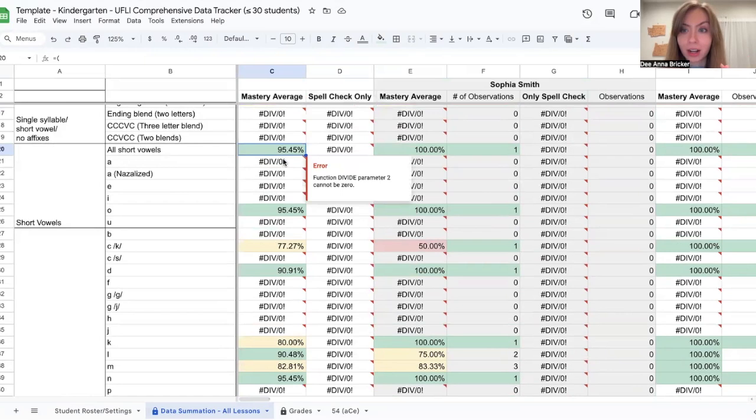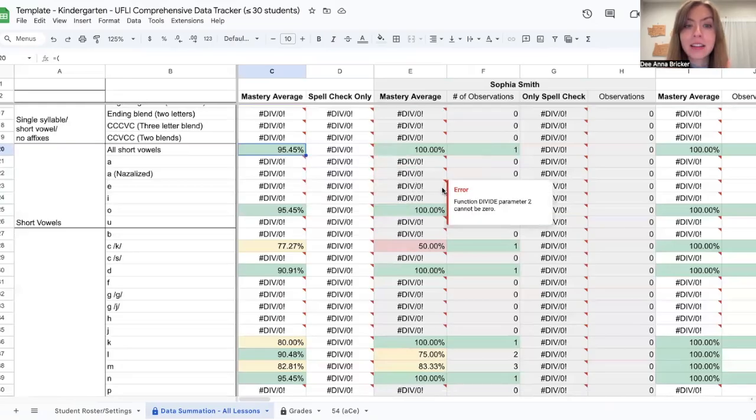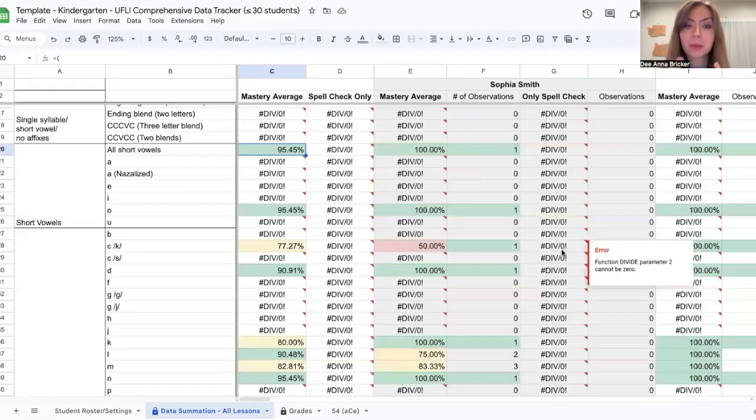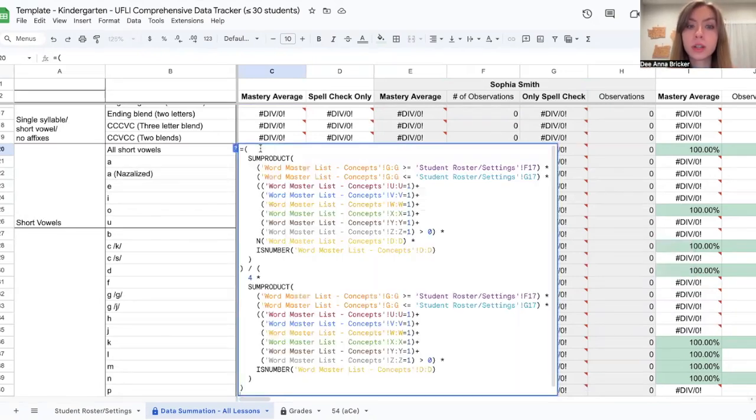So for all of my short vowels, when I see 95.45% accuracy, that is telling me that 95.45% of the time, and I might get rid of some of those decimals to make it easier, students are spelling words that contain short vowels correctly. That doesn't tell me that 95.45% of the time they're spelling short vowels correctly. They could have spelled a different part of the word wrong, but any word that contained a short vowel is going to be included in this.